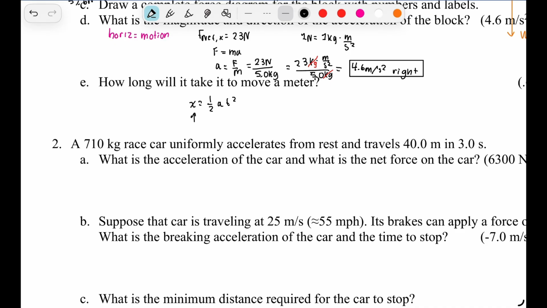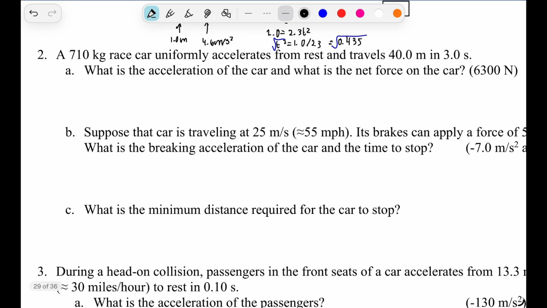Given that x is going to be 1.0 meters and a is going to be equal to 4.6 meters per second squared, we can write 1.0 is equal to 1/2 times 4.6 times t squared. 1.0 equals 2.3 t squared, so t squared is equal to 1.0 over 2.3, which is going to be 0.435. Taking the root of both sides, we have that t is equal to 0.66 seconds.